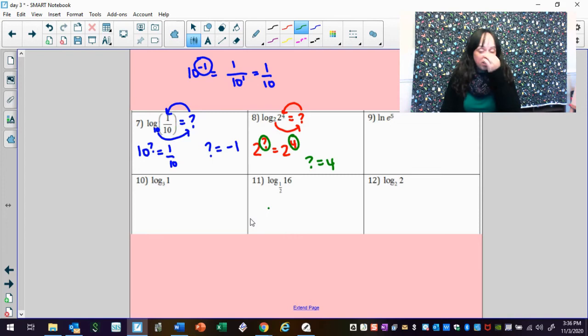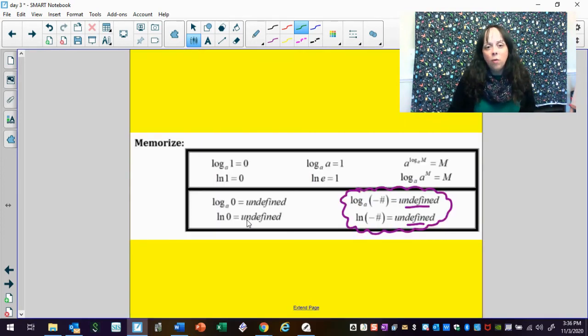Okay, so this example is actually a really great example. It relates to something at the bottom. Write this down if you didn't print it. It relates to this rule right here. I don't know why I did all these rules out of order, but that's okay.